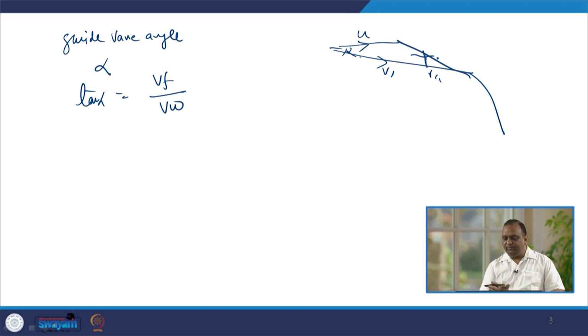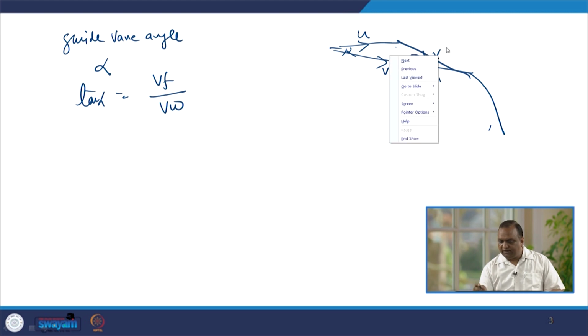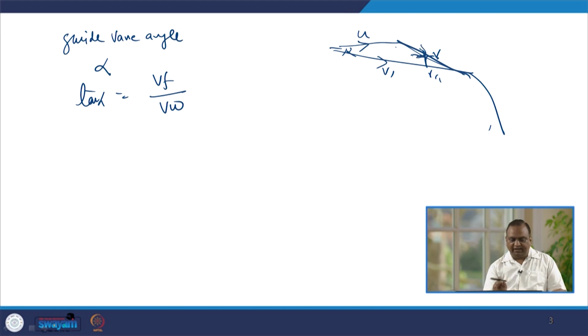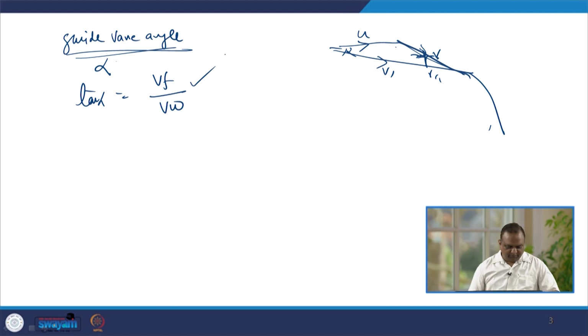So, the guide vane will guide the jet in the V1 direction. The wheel is moving in the U direction, and this will impart the relative velocity VR1 in this direction. So, this angle alpha, the guide vane angle, can be calculated by Vf by Vw.